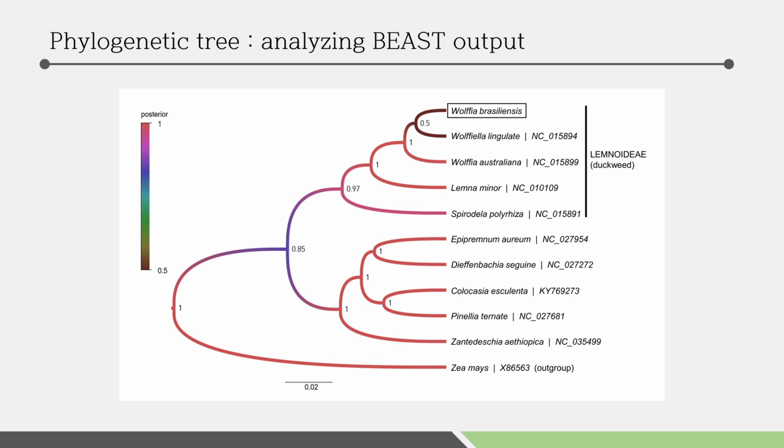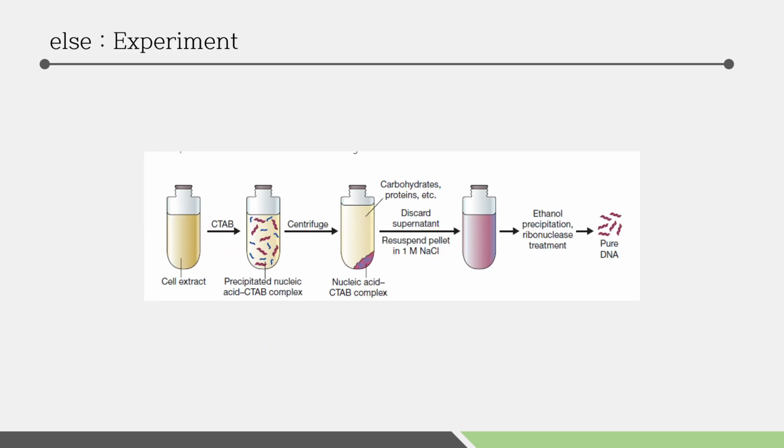This is the phylogenetic tree from tree file. Here we can check the phylogenetic relationship between the species and the taxonomic position and check if they are well supported through posterior values. This is all of my phylogenetic analysis.